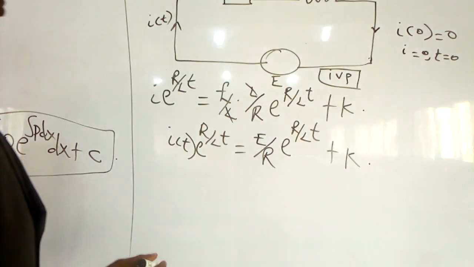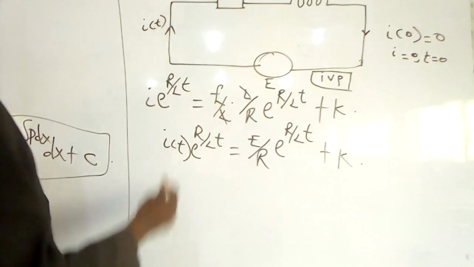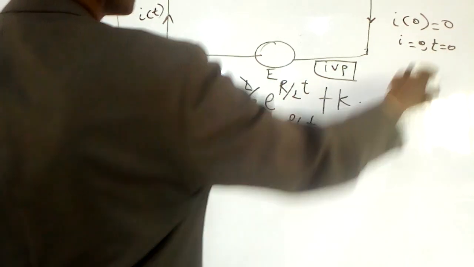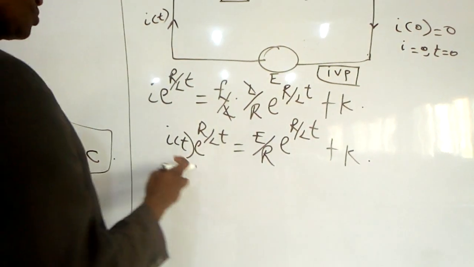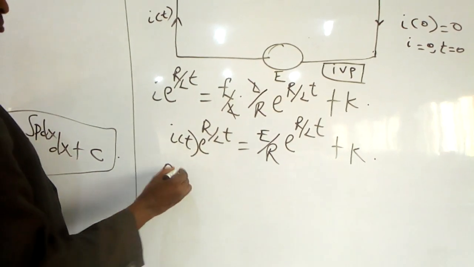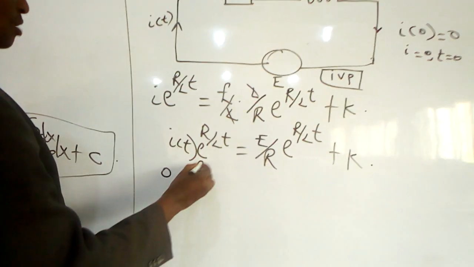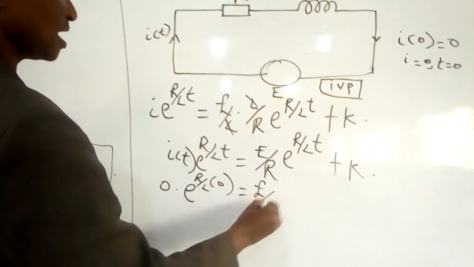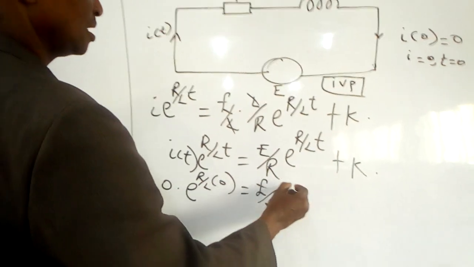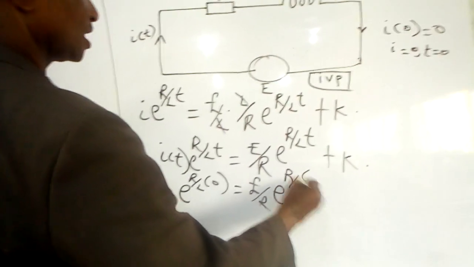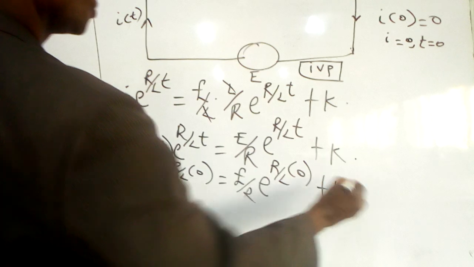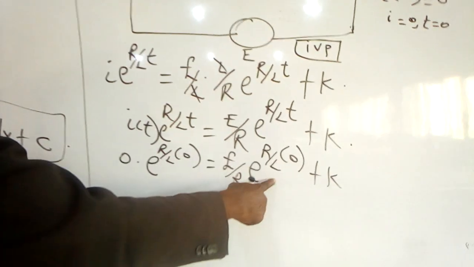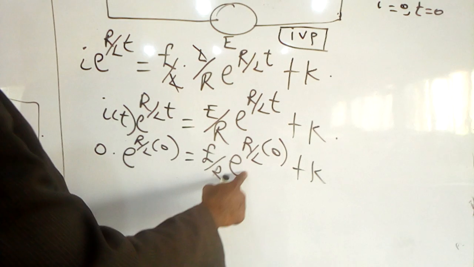Yes. So now, when time is 0, current is 0. So that is to say, this will be 0 multiplied by exponential R over L times 0 is equal to E over R exponential R over L times 0 plus K. So that at the end of the day, this is 0, this is 0, but this is 1, because exponential 0 will give us 1.